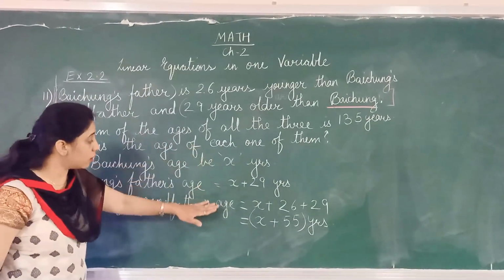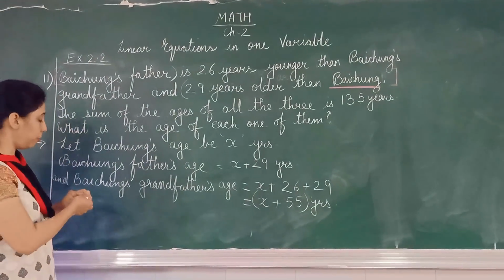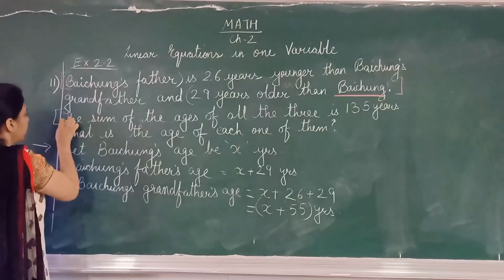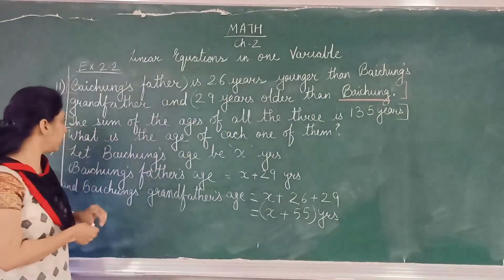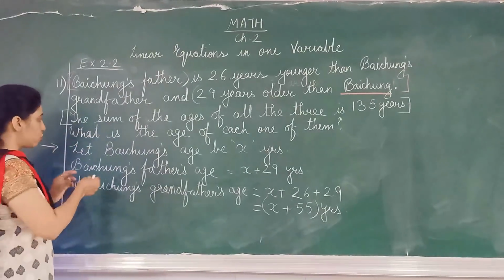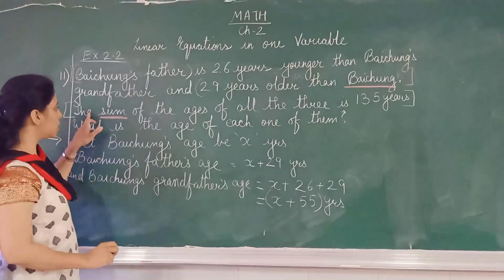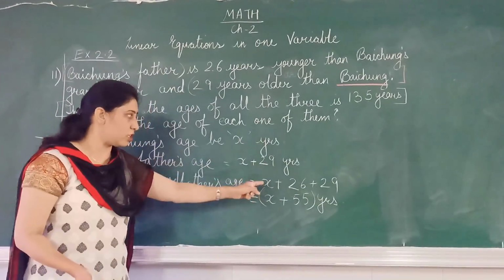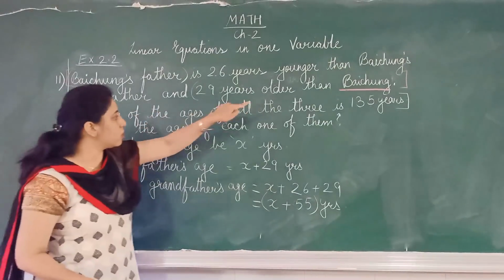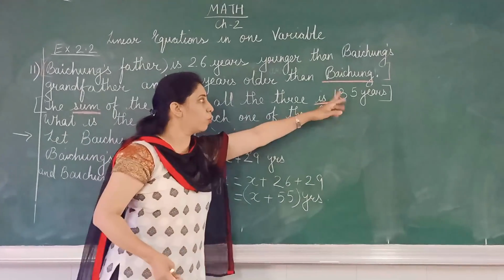Now this is the age we have considered for all three of them. The second part is very important because we have to frame the equation from here. How are you going to frame the equation? Students, whenever sum comes, you have to add all the ages. The sum of the ages of all three is equal to 135 years.